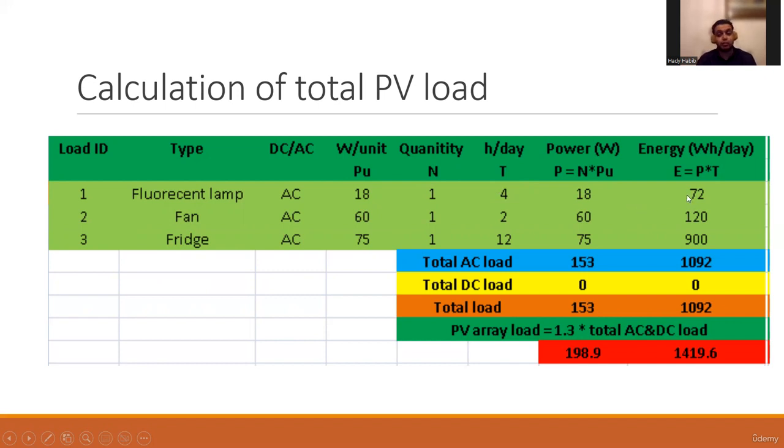So it will be 72 watt hour per day. We have a fan, which is 60 watt, and it's one fan, which is working 2 hours per day. In fact, it will be 60 watt, and since it's working 2 hours, the energy will be the power multiplied by the time, which is 60 times 2, 120 watt hour per day.